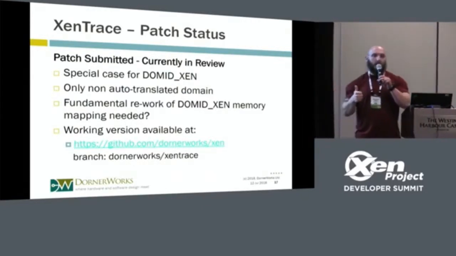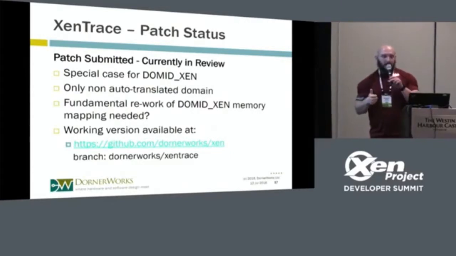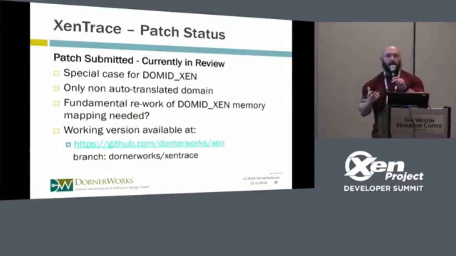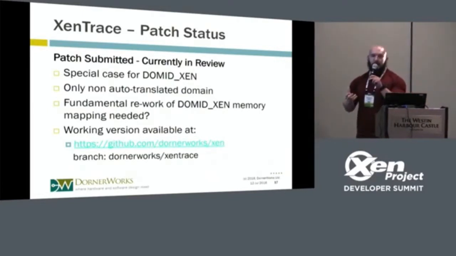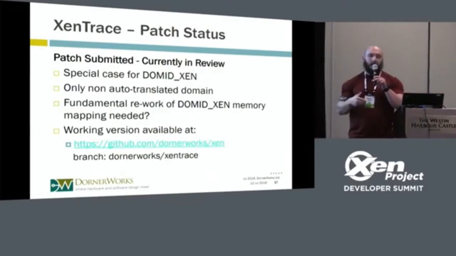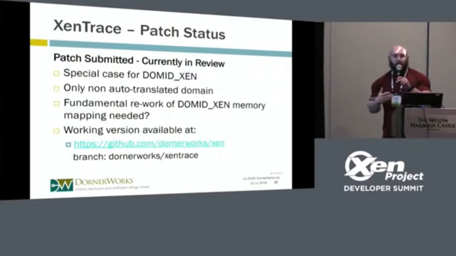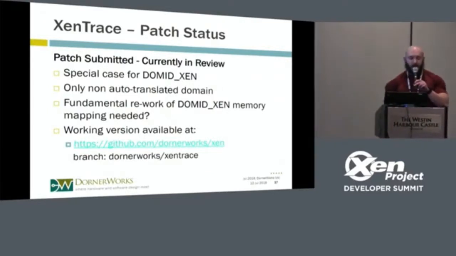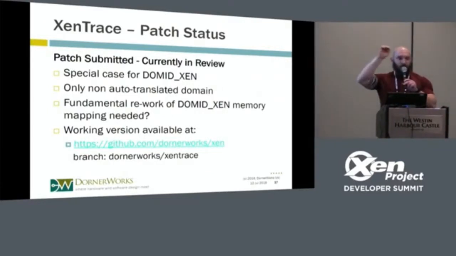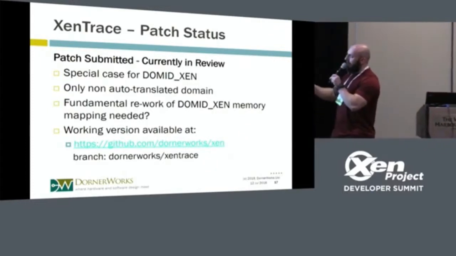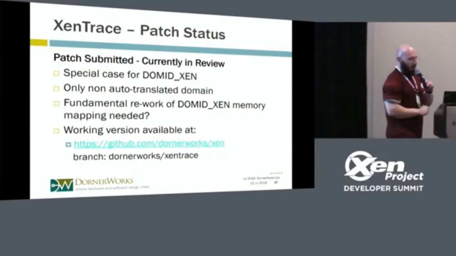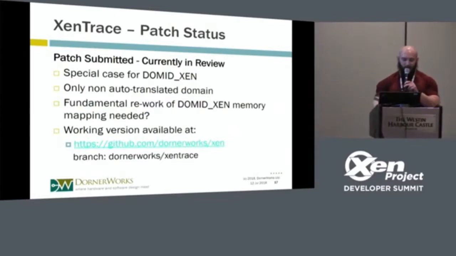We've created a one-off scenario. Would it be better to fundamentally re-architect the way DOM-ID Xen is managed on ARM so it's not a special case, make it an auto-translated domain and behave correctly on ARM? The fear is we're going to get a lot of these one-off fixes throughout the code. So we're working on that right now. It is in the mailing list, but we also have the patch available on our own local GitHub, if anyone really wants it.